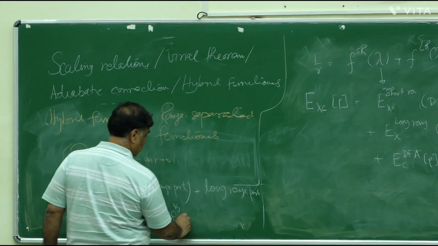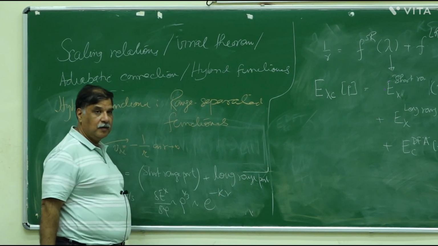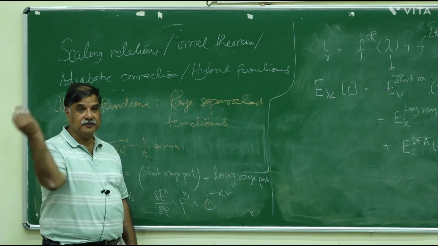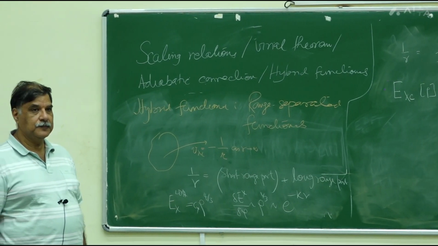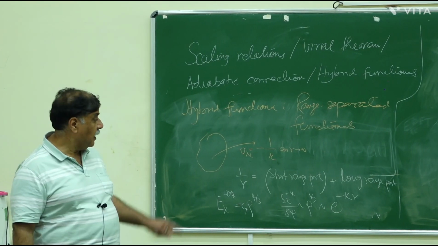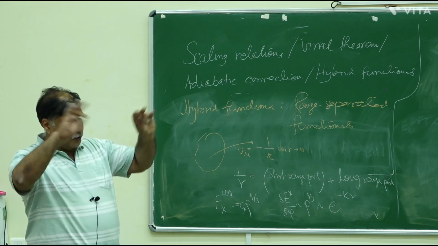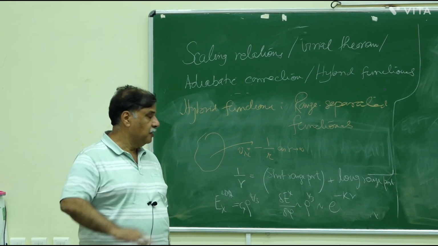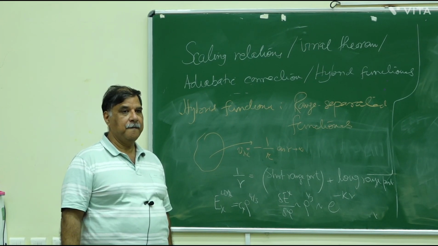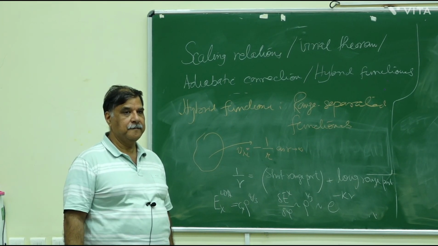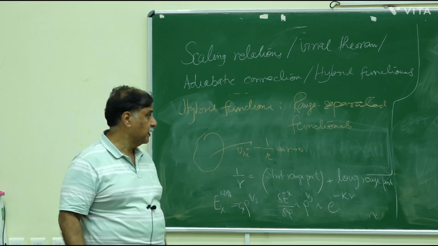And for exponentially decaying density, it is equal to minus some power R, which is not minus 1 over R. It decays much faster. Right? And I want that correct. Whereas in Hartree-Fock, the potential is due to the Fermi hole, which is one charge, so minus 1 over R. I still don't get your question. Are you satisfied? Yes. Okay.